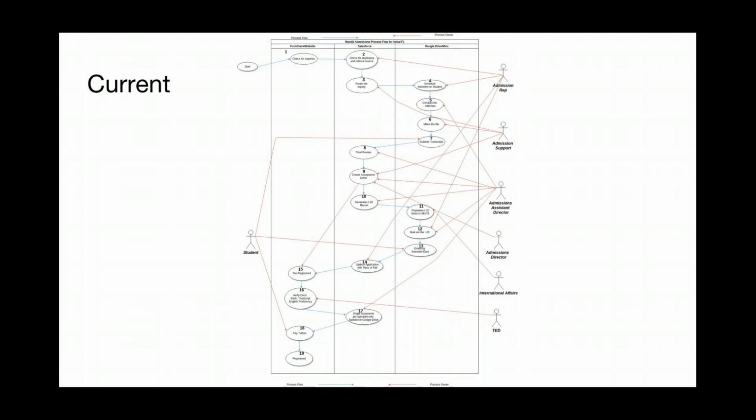Or if you're really advanced, like Maryville is, you will have Experience Cloud, the Salesforce community, and all the information that an international student needs will live there. The checklist will live there, and then in the middle is Salesforce, your backend, all the contacts, affiliations, relationships to that student.